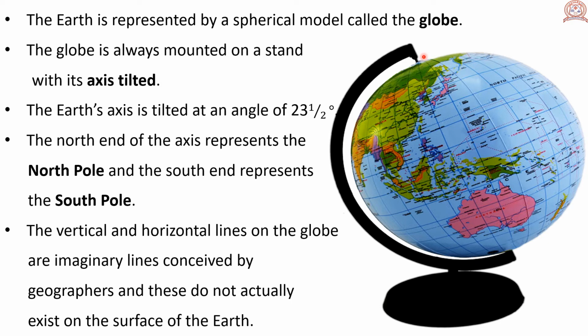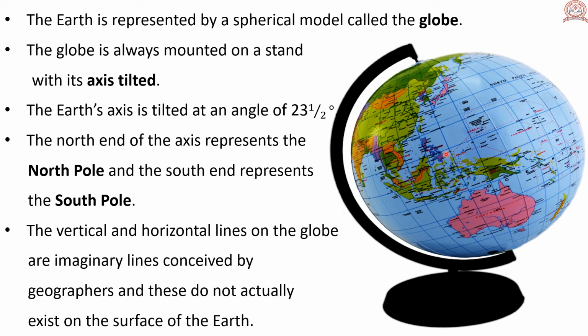The earth's axis goes from the North Pole through the earth's center to the South Pole and is tilted. Earth spins on its axis once every 24 hours. The Earth's axis is tilted at an angle of 23.5 degrees. We learned about it in your second lesson. The north end of the axis represents the North Pole and the south end represents the South Pole.